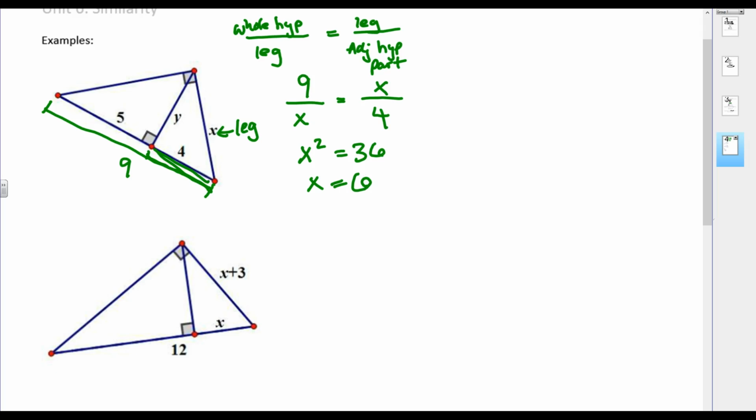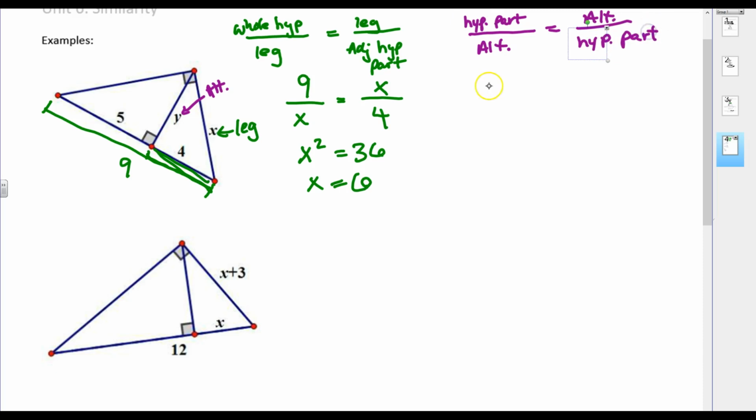Now let's take a look at the y. My y here is in fact the altitude, right? And my altitude is the geometric mean of the two pieces of the hypotenuse.